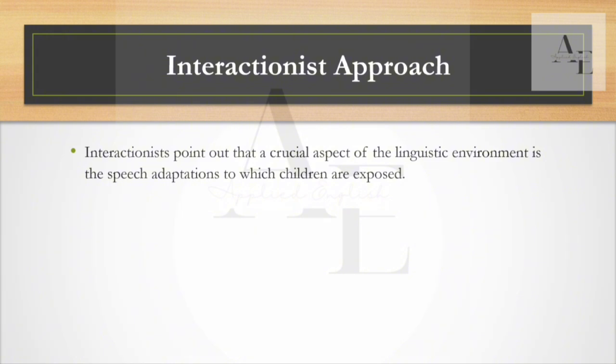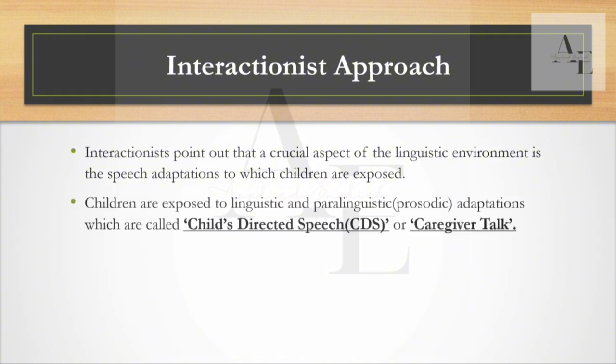So I talked about the speech adaptations, like abbreviations, repetition, paraphrases, and they gave it a name which is child-directed speech. So child-directed speech is the linguistic and paralinguistic adaptations that children are exposed to.